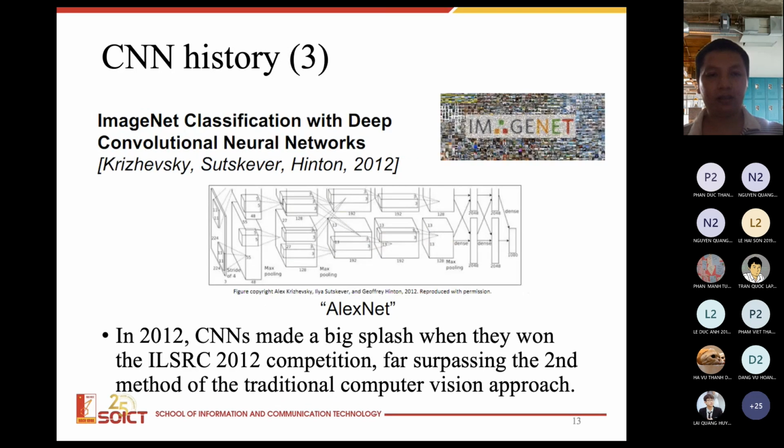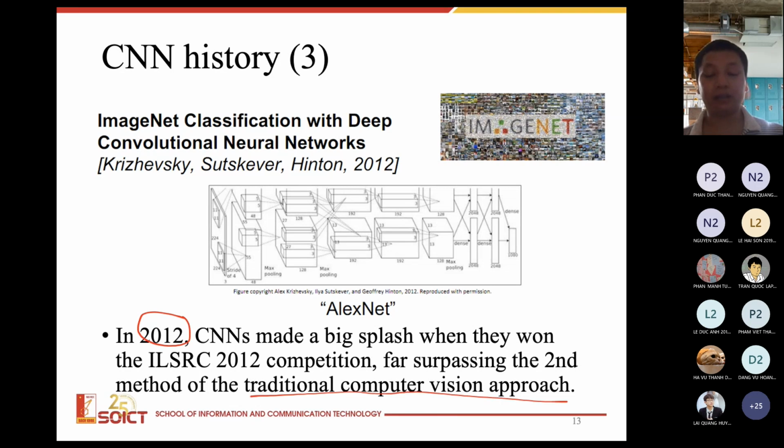Okay, and by 2012, the CNN made a big splash when they won the ILSVRC 2012 competition, and actually the performance was far surpassing the second method of the traditional computer vision approach.